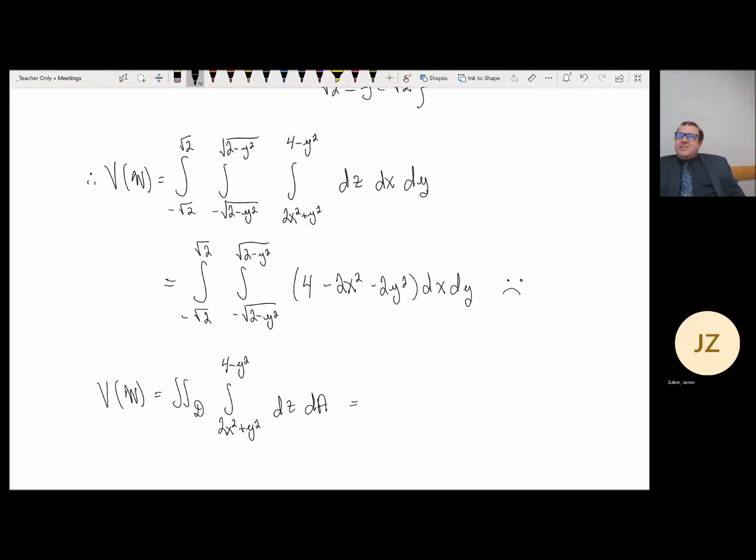Volume is a height times area of a cross section.